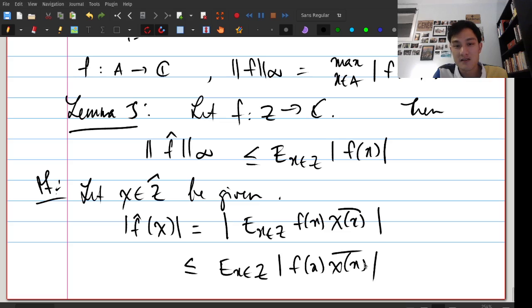So since this has norm 1, we can just get rid of it. And that's exactly what we're trying to prove, right? So we are done. And we're done because chi was arbitrary. This works for all chi, so it works for the max.